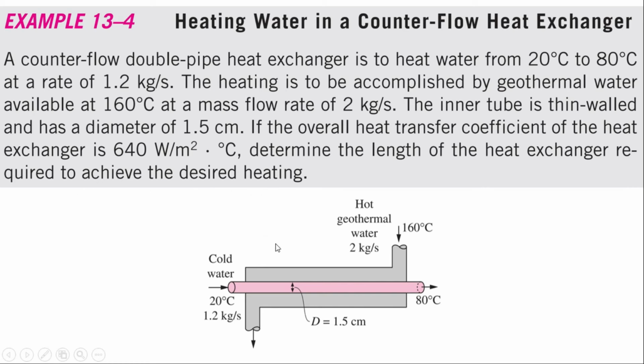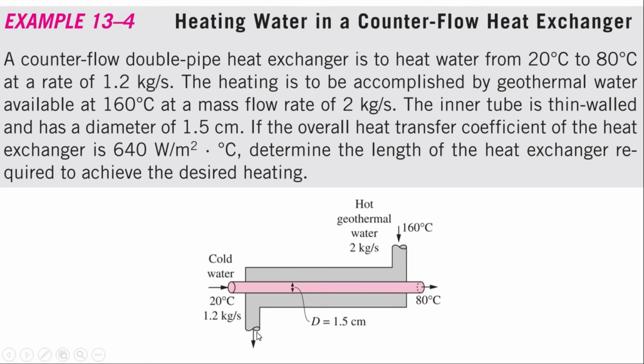So what you are given is the inlet temperature and the outlet temperature of the cold fluid and the mass flow rate of the cold fluid as well. You are given the mass flow rate of the hot fluid as well as the inlet temperature of the hot fluid. So ultimately you are given three temperatures.